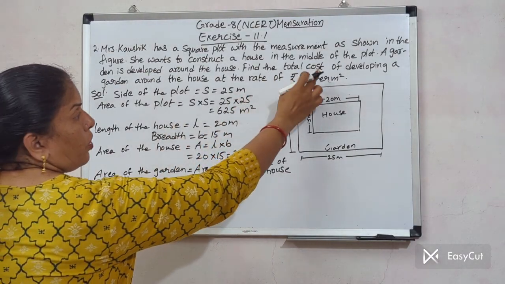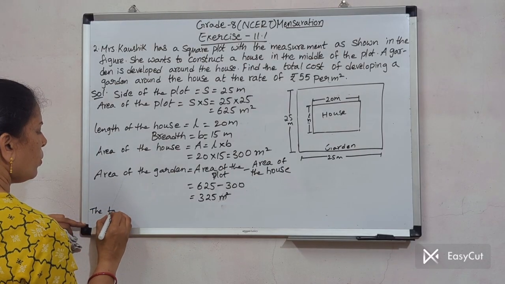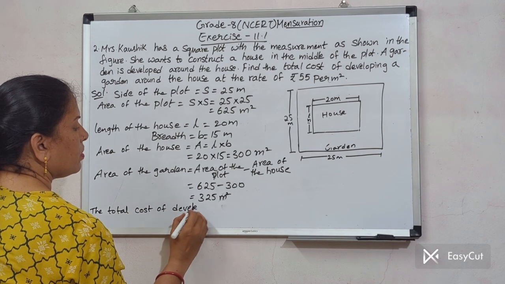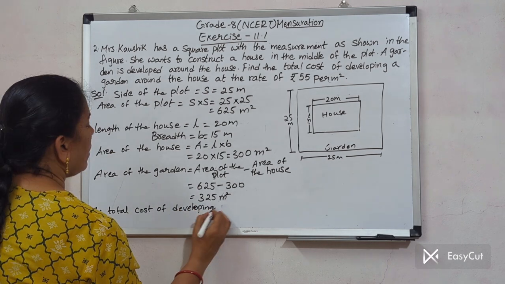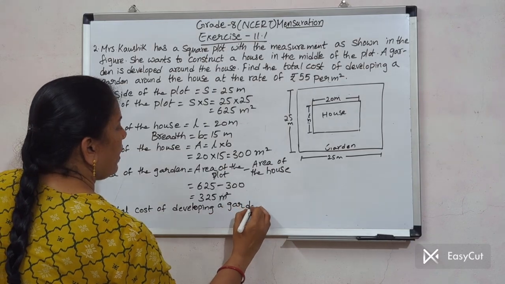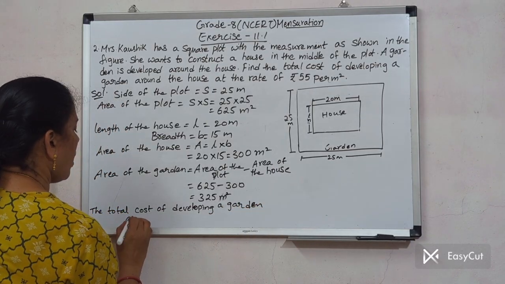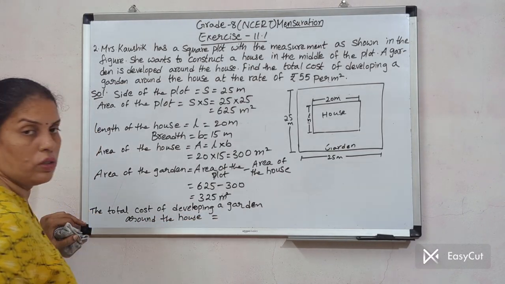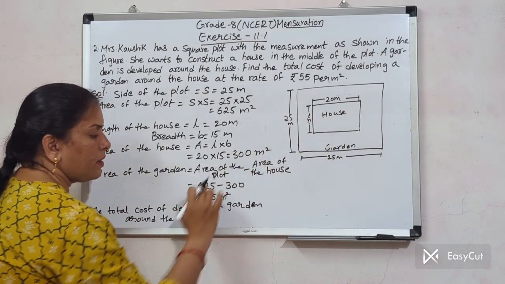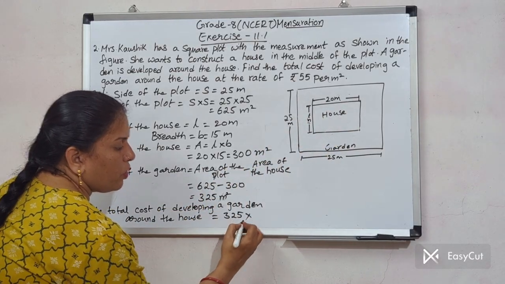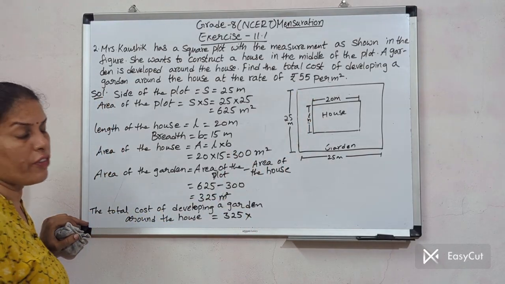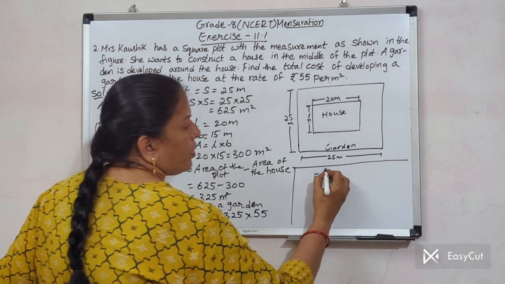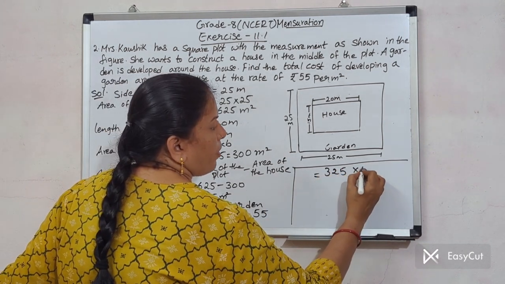The total cost of developing a garden around the house is equal to the area of the garden, 325, into the cost of 1 square meter, 55 rupees. I am multiplying here: 325 into 55.